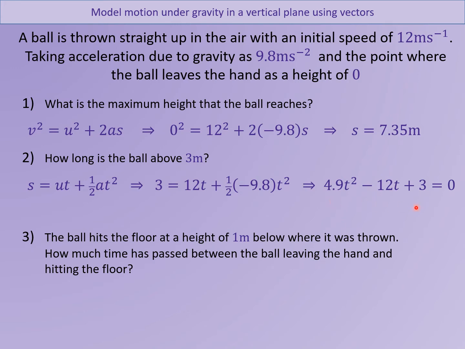It passes the 3 meter mark after about 0.28 seconds, and then again at 2.17 seconds. How long is the ball above that 3 meter mark? It will be the difference between these two: just under 2 seconds, 1.89 seconds.